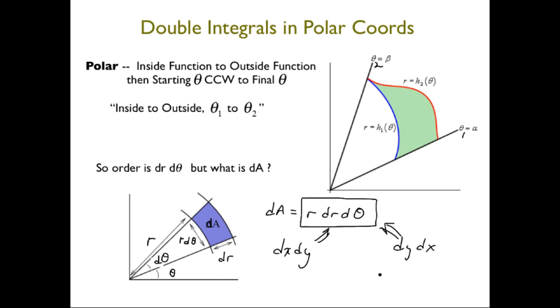It's going to be a function of r and theta. So you get an extra r in your function. Does that make sense? You're going to have some function of r and theta times r dr d theta. And now when you do the antiderivative, you've got to include that extra r. Does it make sense?